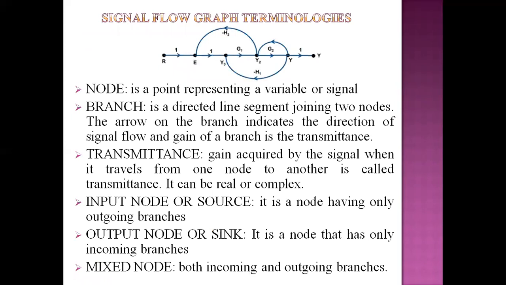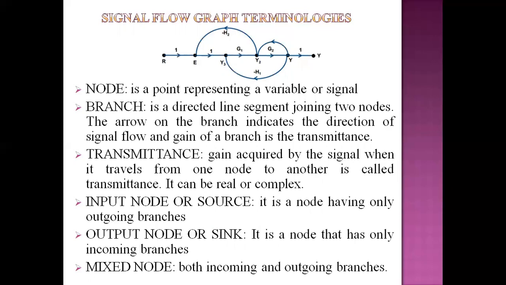Now we see some of the terminologies used in signal flow graph. Node is a point representing a variable or signal. Branch is a directed line segment joining two nodes. The arrow on the branch indicates the direction of signal flow, and the gain of a branch is called the transmittance.